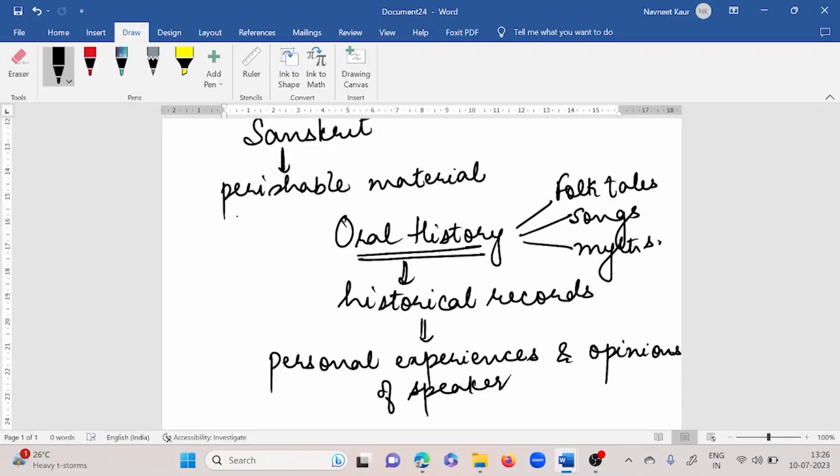Fine, so these are the sources of ancient Indian history. We discussed two groups of sources: archaeological sources, in which we discussed artifacts, monuments, coins, inscriptions. We also discussed the literary sources, in which we discussed religious literature, secular literature, biographies, travelers' accounts, and chronicles.